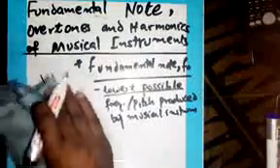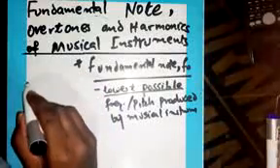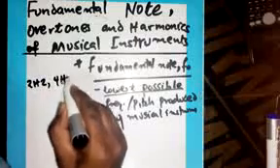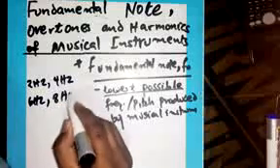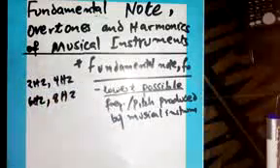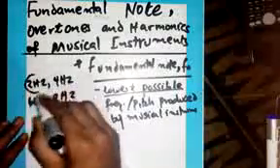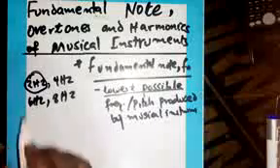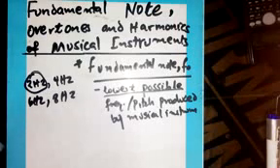Now, let's assume we have these small numbers: 2 Hz, 4 Hz, 6 Hz, 8 Hz. Among these, what is the fundamental frequency? It is 2 Hz, because in this series, 2 Hz has the lowest possible frequency. That is what we should note.